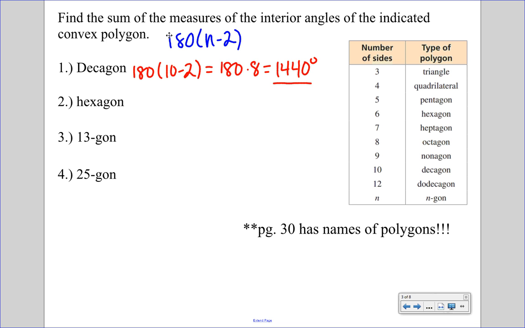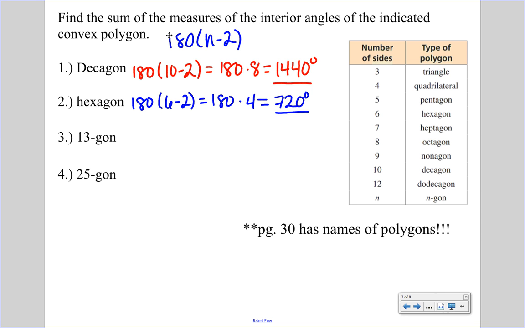Let's do the next one. Hexagon. A hexagon has 6 sides, so this is going to be 180 times 6 minus 2, which is 180 times 4, and that's going to be 720 degrees for the sum of the interior angles of a hexagon.